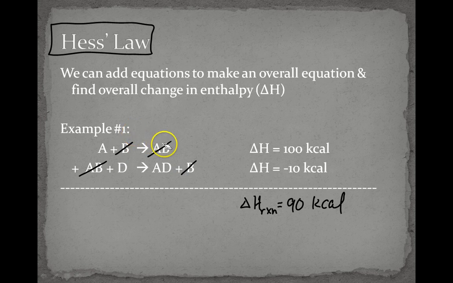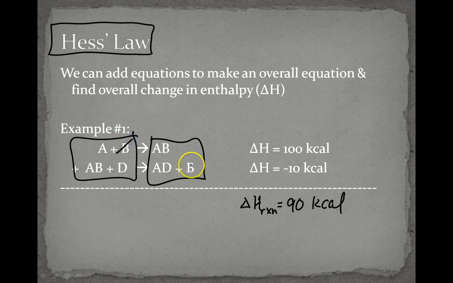So essentially what we're thinking of is all of the reactants as one thing and all the products as another. And if something shows up in both places, reactants and products, it will cancel out. So the overall reaction that occurs is A and D react to make AD. So doing the reaction in one step should give off, or should absorb 90 kilocalories, and doing the reaction in 2 steps also gives off 90 kilocalories overall.